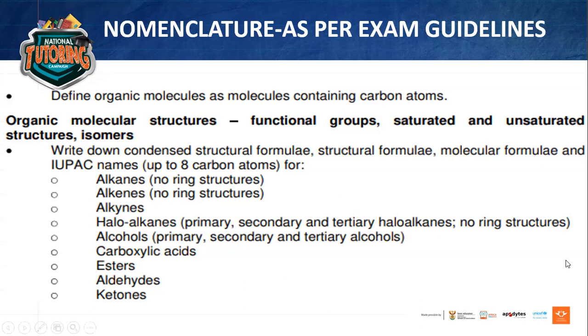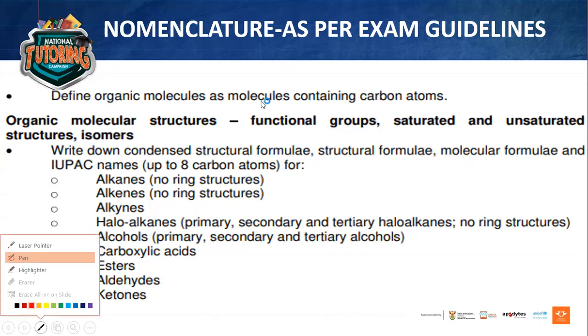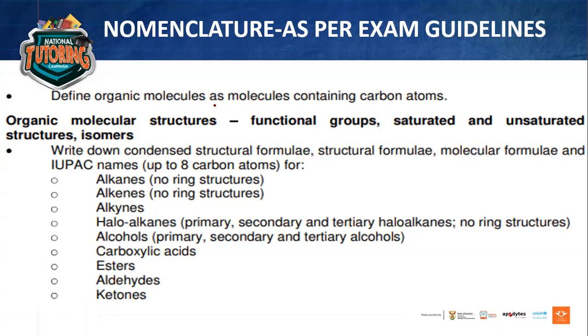Right. We are only looking at nomenclature, and I just want to remind you what is really critical in this topic. We must be able to define the term organic molecules. Very critical, and those are molecules containing carbon atoms.